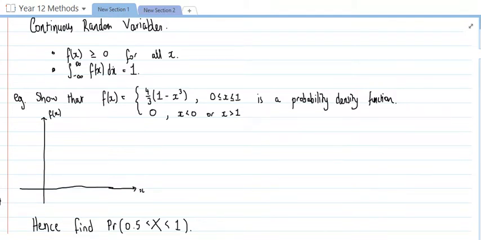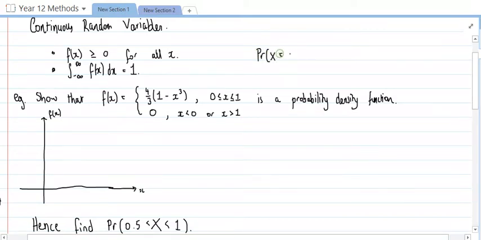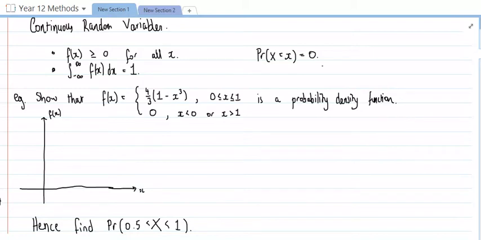The other thing I'm going to mention about continuous random variables is that the probability of x equaling some number is actually equal to 0. This is because we're dealing with continuous events, where we can always achieve a higher degree of accuracy.